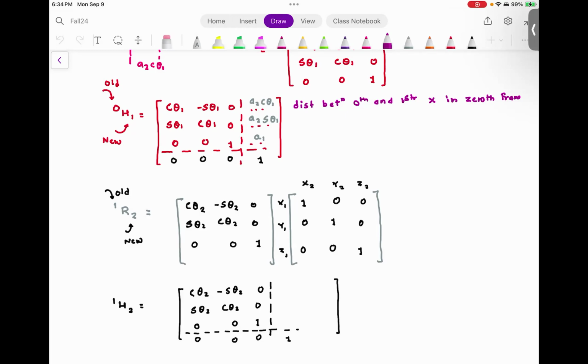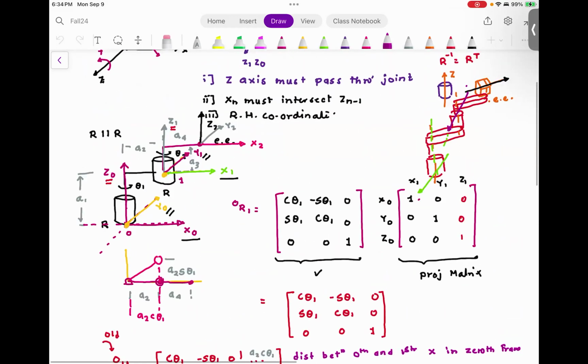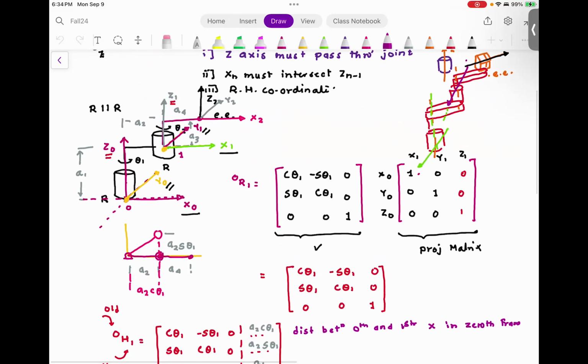Distance between the new and the old frame in the coordinate frame of the old frame. What does it mean? It means go back here. Check this out. Now, if you look at it from the top view, can you see that this distance again is A4? And so the x distance between frame 1 and frame 2 is A4. You agree with me? When theta 2 is 0.